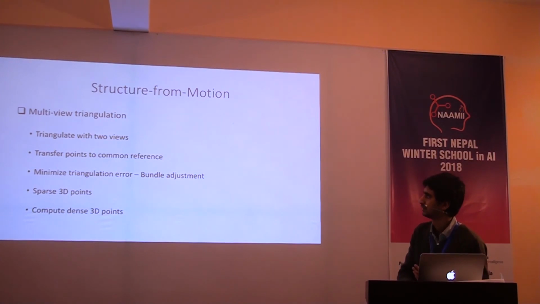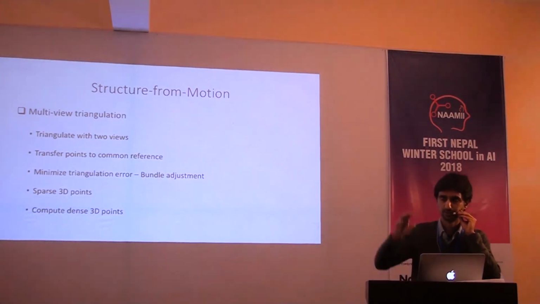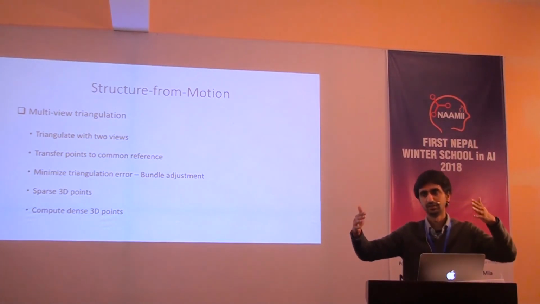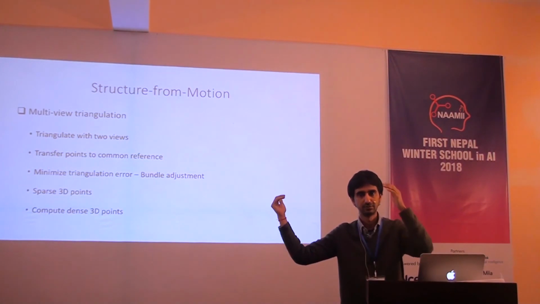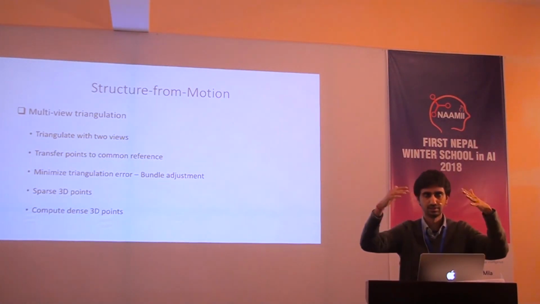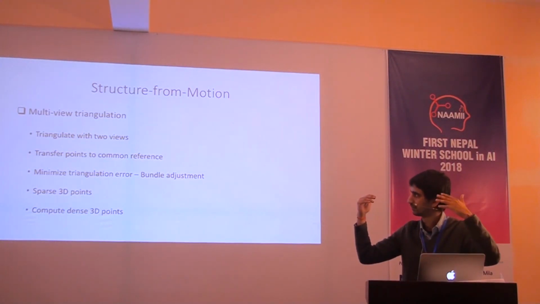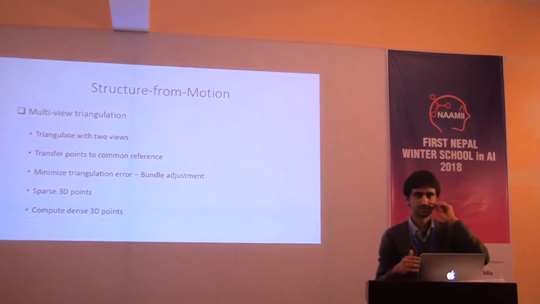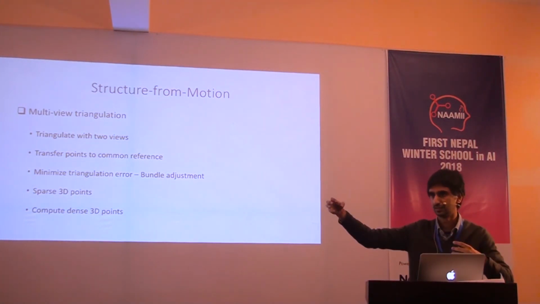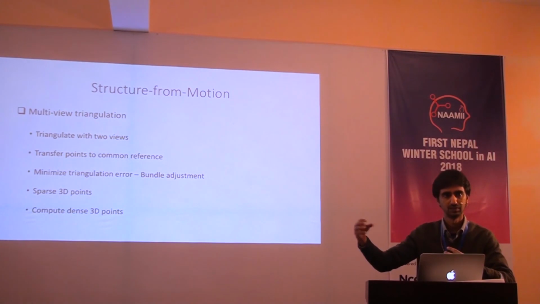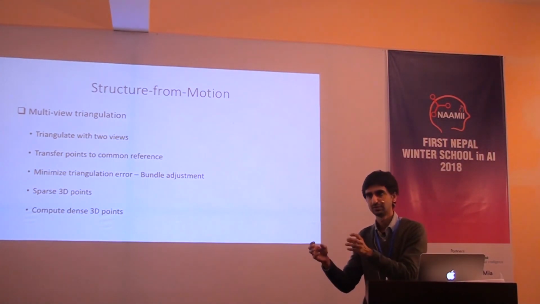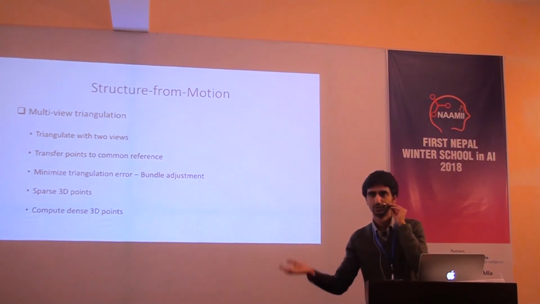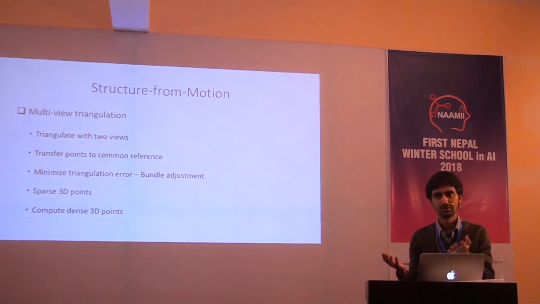Then you triangulate with two views. In each pair you take the images where they match correctly, and then you triangulate points, and at the same time you have the poses of the cameras with respect to each other. Now you have to translate these poses to a common reference, which is usually the first camera.